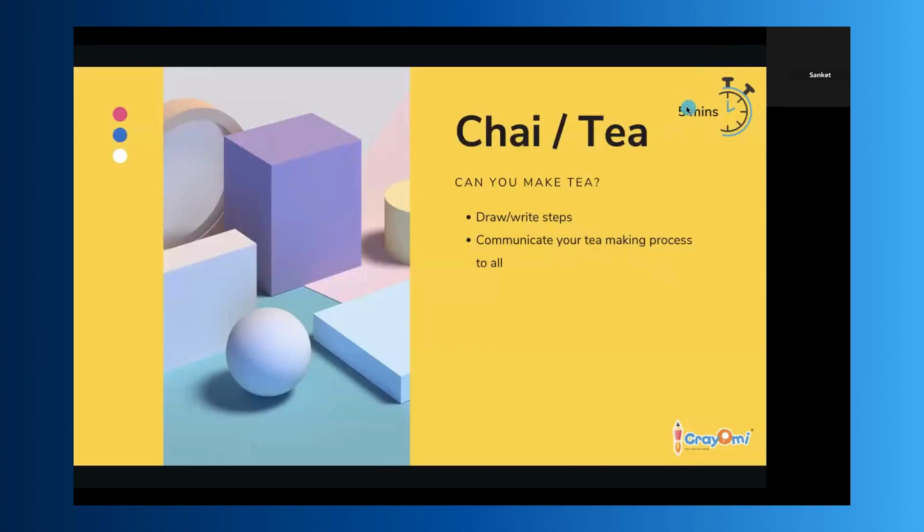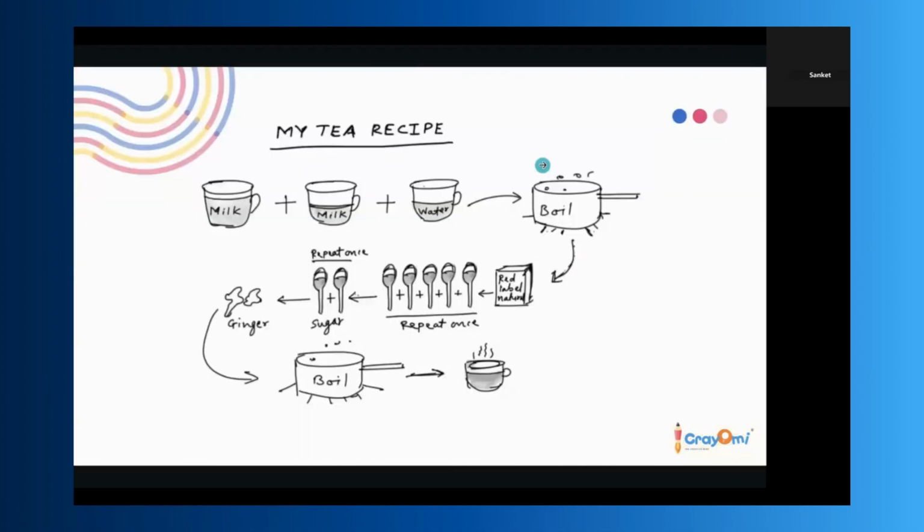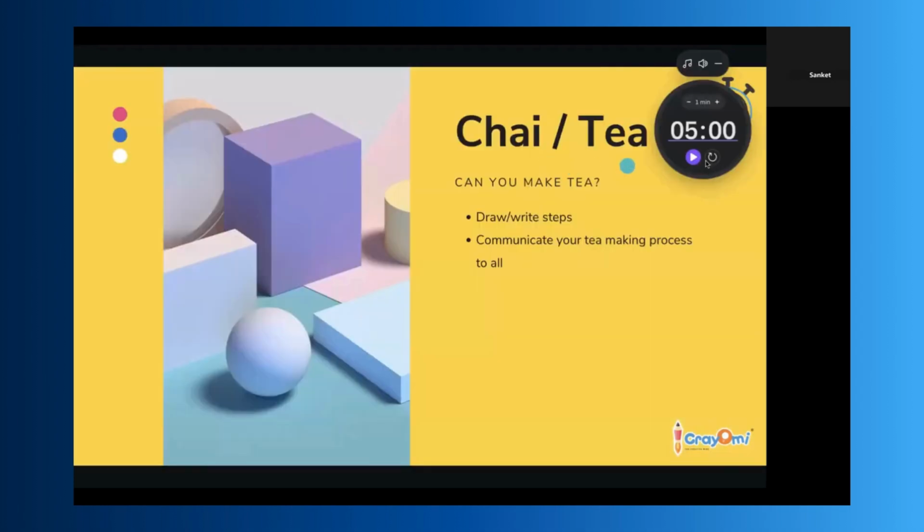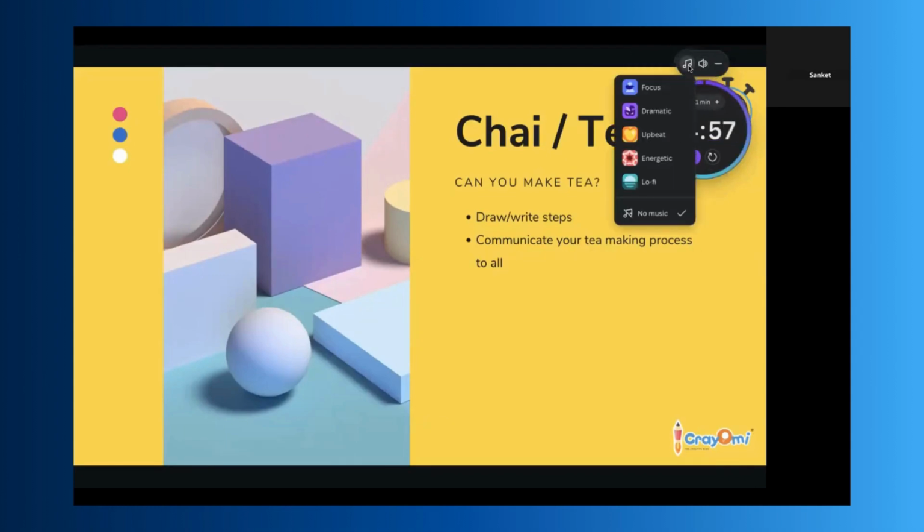So we can just wait for, as you can see, the time, 4 to 5 minutes. A couple of you can draw and show it on the screen, on the cameras as well. All right. That's clear, right? Any question for it? So let me start the timer. Let's put a little bit of good music as well while you are doing the activity.